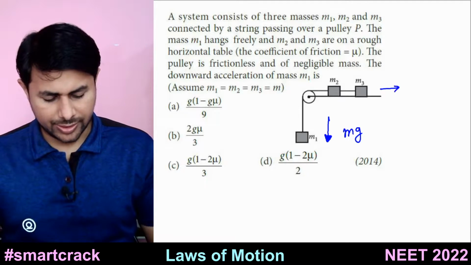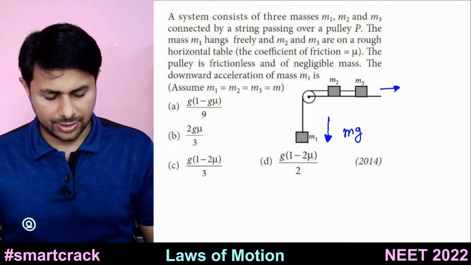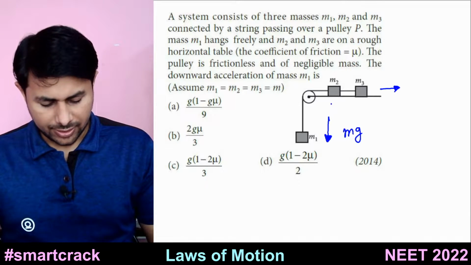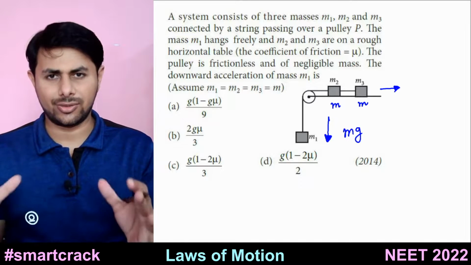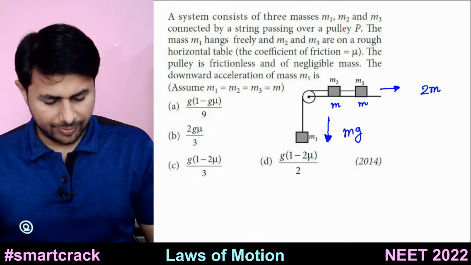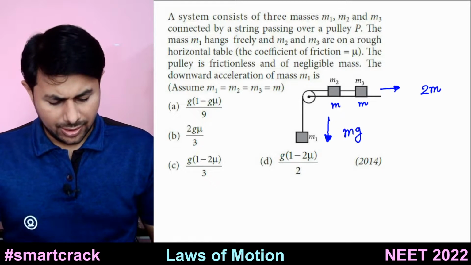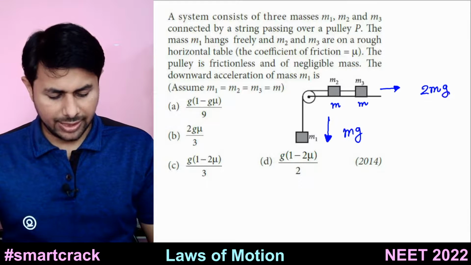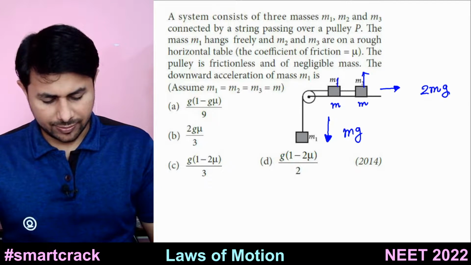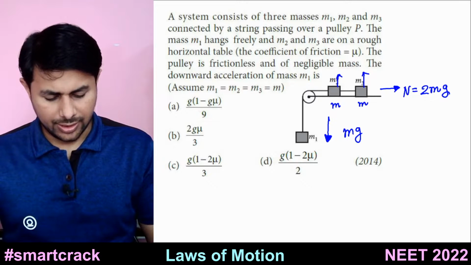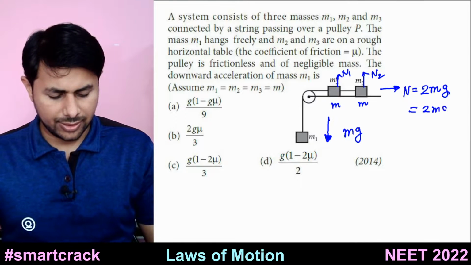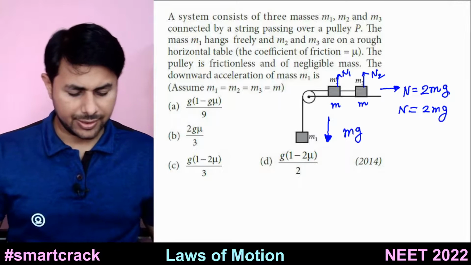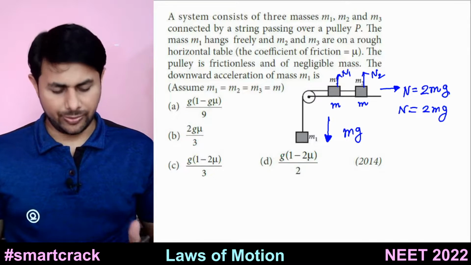There will be a frictional force acting on these two blocks in this direction. Mass of this one is m, mass of this one is m, so combined mass is 2m, and combined weight will be 2mg. Let's say normal reaction here is n1, here it is n2, so n1 plus n2 is equal to 2mg.